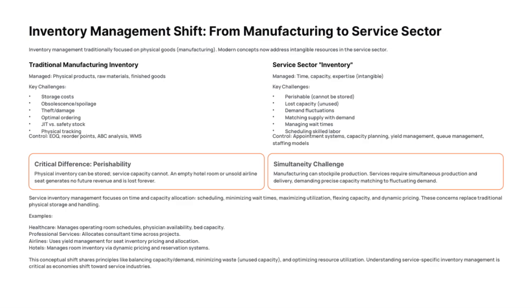Ultimately, this shift from manufacturing to service sector inventory management reflects the need to adapt our strategies to manage intangible resources effectively. It's about ensuring that capacity is used efficiently, demand is met, and revenue opportunities are maximized, all within the context of services' unique characteristics.